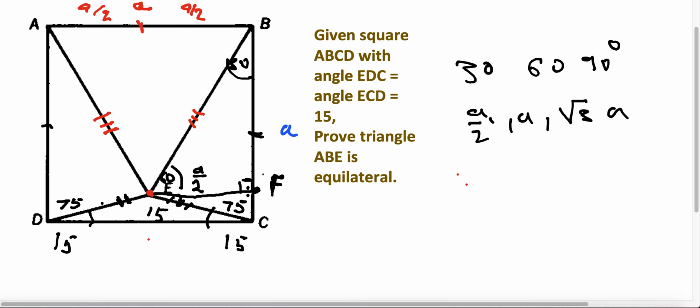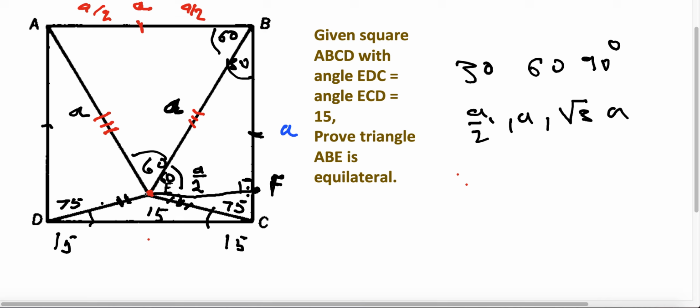From B to F is the square root of 3 over 2 times A. And this side is A over 2, and this side here, the hypotenuse, is A. Because this is A and the other side is A, with 30, 60, 90 degrees, this is A. And if here is 30, this is a 60 degree angle. And this here is a 60 degree angle.